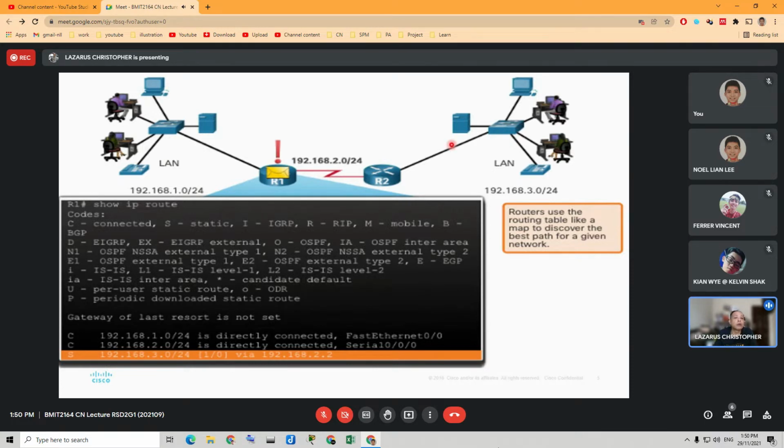Remember, if this is the router under consideration, directly connected network means directly connected to its interface. So the directly connected network to this router, if we consider the origin 192.168.1.0, is this 192.168.2.0. And this router should have no information about the other one because it's not directly connected to it.